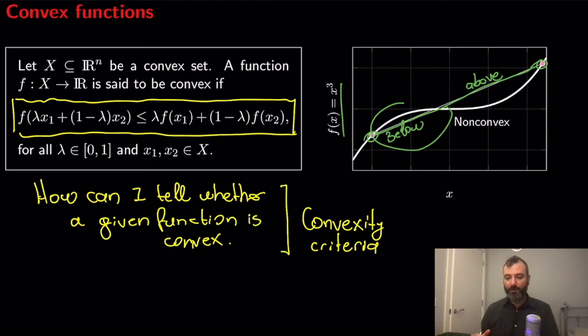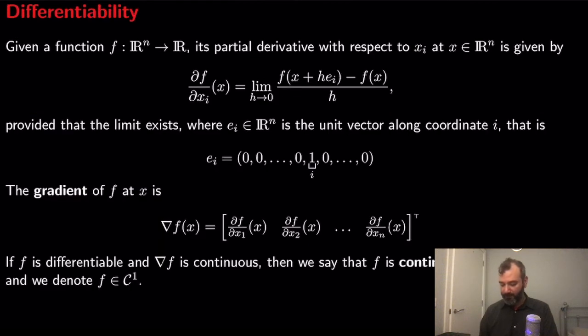we need to look at the derivatives of this function. But we have functions that take vectors and give numbers. So derivatives have been defined, I mean, you're familiar already with derivatives of functions f from R to R that take a number and give a number.